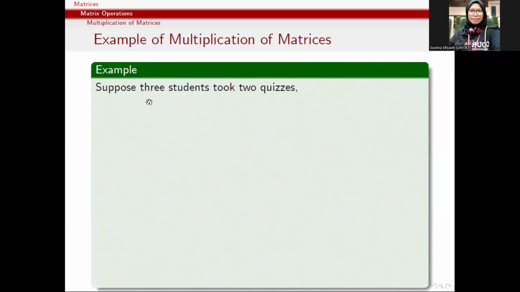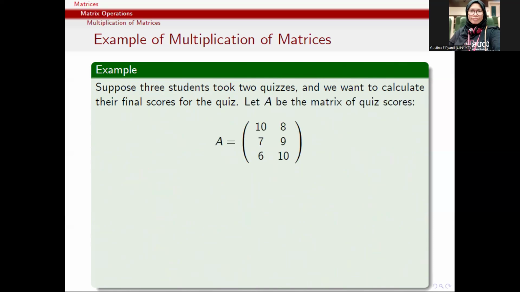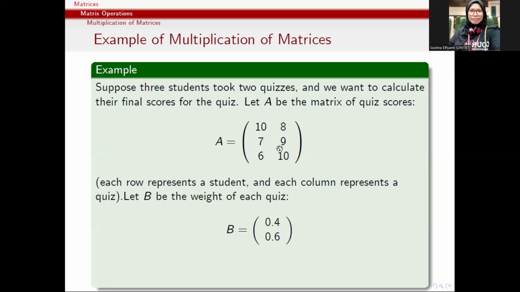For example, suppose 3 students took 2 quizzes and we want to calculate their final score for the quiz. Let A be the matrix of quiz scores. So we have this A, where each row represents a student and each column represents a quiz.